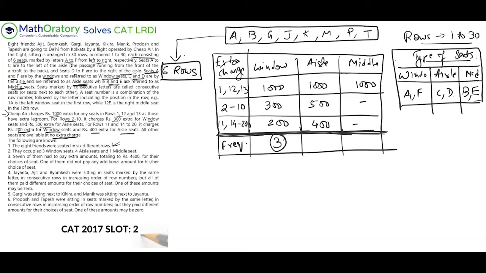So there are 3 window seats, 4 aisle seats, and 1 middle seat occupied by these 8 individuals, right? 3 plus 4 plus 1 is 8. So point number 1 and point number 2 are taken.